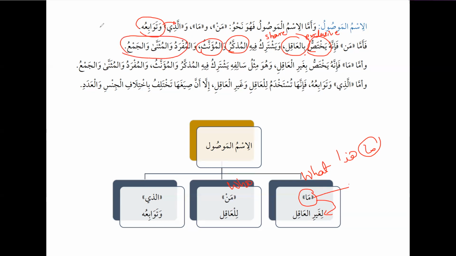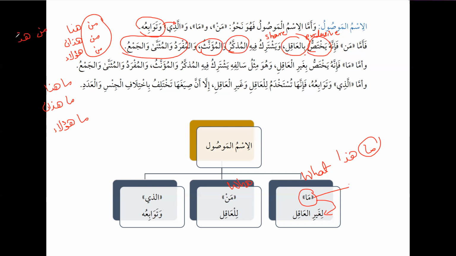So you can say, for example, من هذا, من هذان, من هؤلاء. All of them man. And ما هذا, ما هذان, ما هؤلاء الأشياء, but for the non-rational.